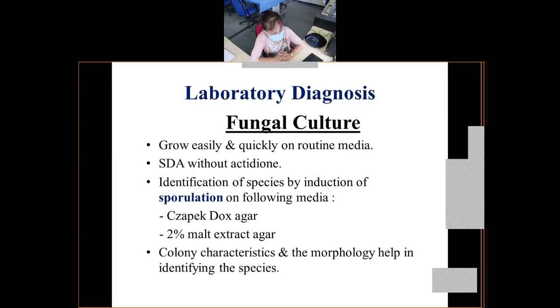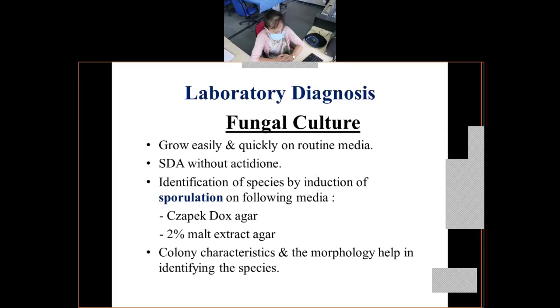Now culture here easily grows on SDA media, that is Sabouraud's dextrose agar. But for identification of the species, you can use media which will induce sporulation. So you can have the Czapek-Dox agar, or you can use a 2% malt extract agar.